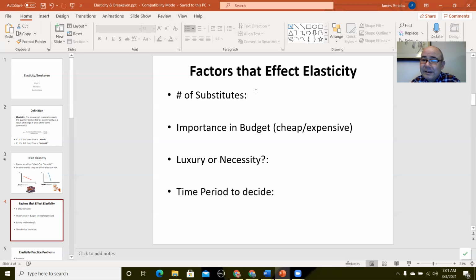It's like a cigarette smoker wanting a cigarette. If I go into a movie theater and I smell that popcorn, it almost isn't a luxury. It's almost a necessity for me. And then I got that very small window to make a decision on that purchase. So a small time period to decide.